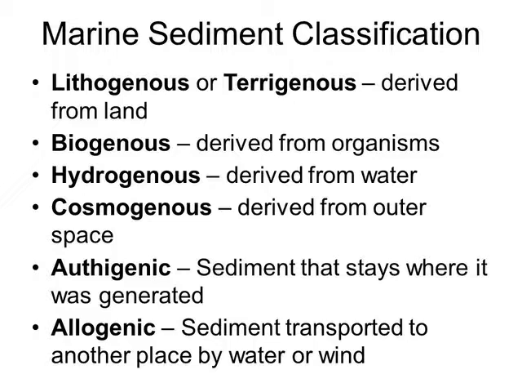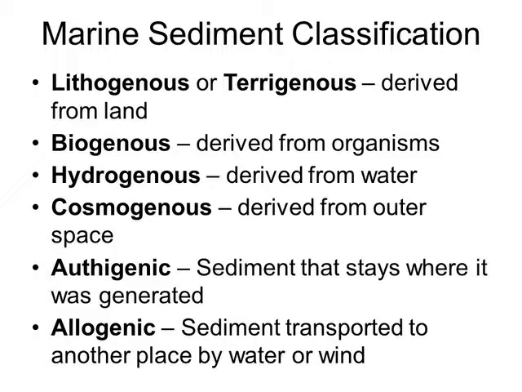And then their shell or plates or whatever it was that was covering their bodies starts to sink in the water column, and as it sinks, it just sinks straight down unless there's a major current. But generally speaking, it'll sink straight down from where it was generated at, and that would be autogenic.